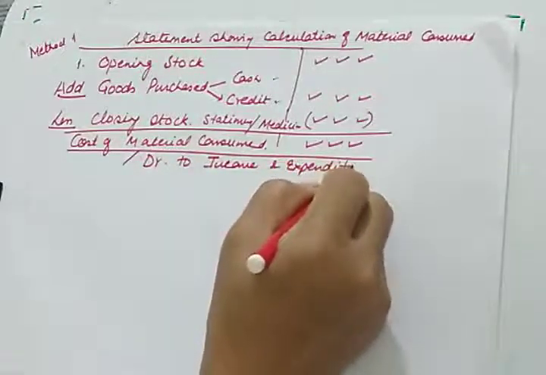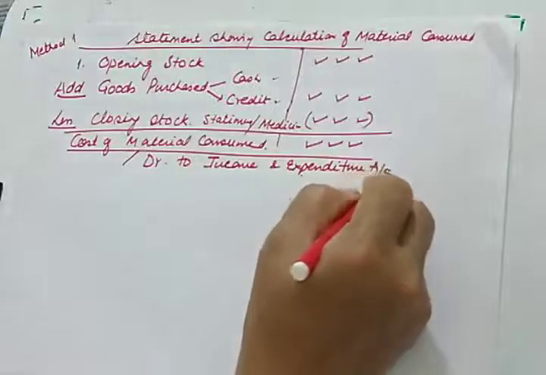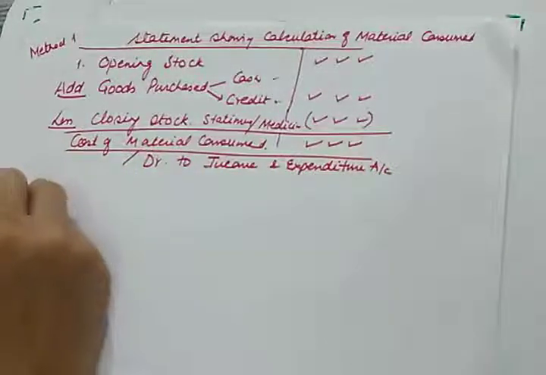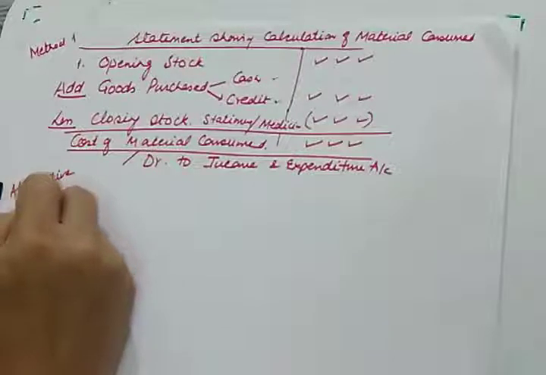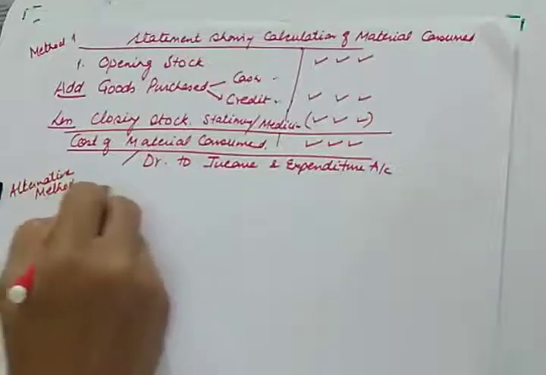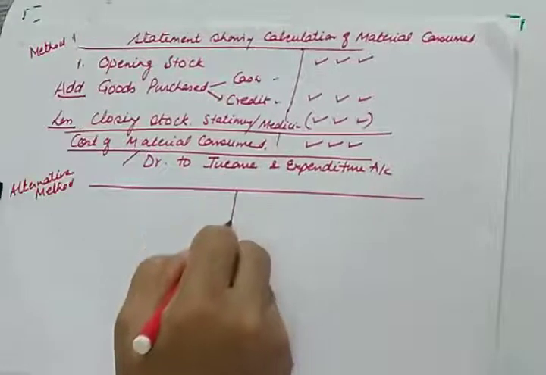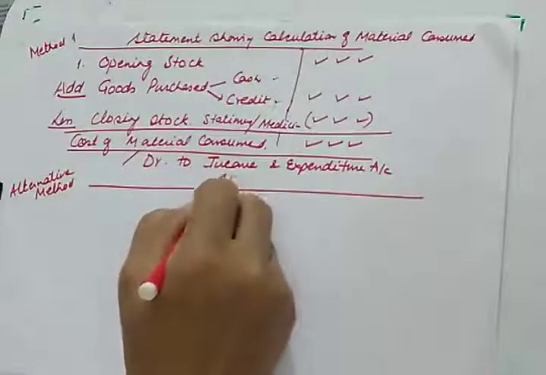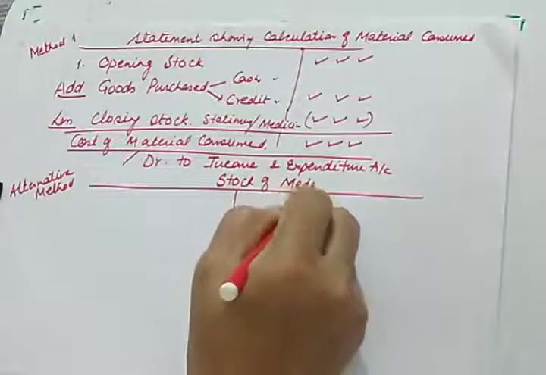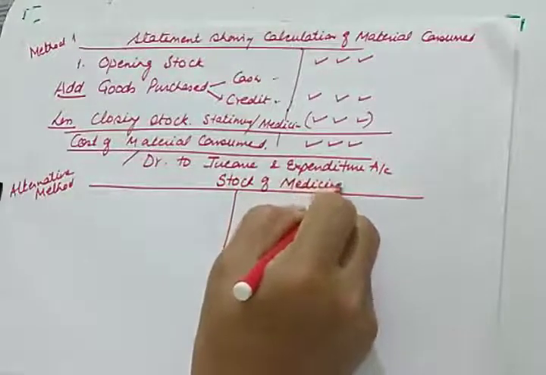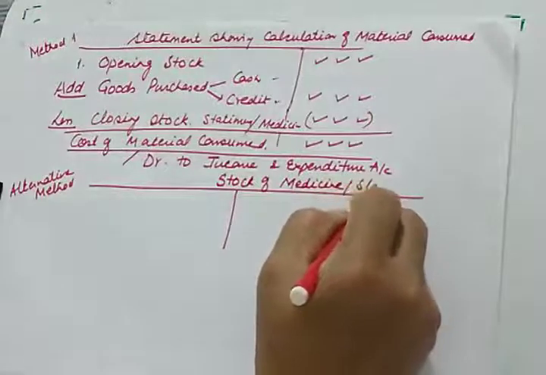This is how we'll be dealing with this. And the second alternative method will be through preparation of stock account, like stock of medicines, stock of stationery, and stock of sports equipments.